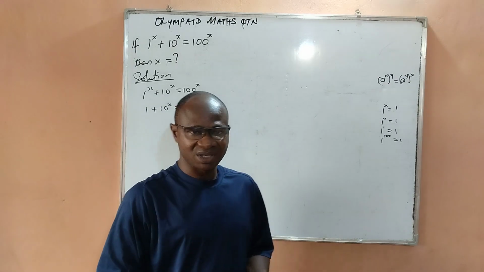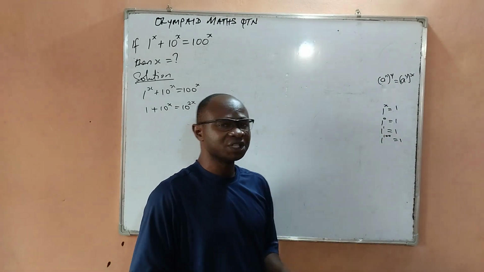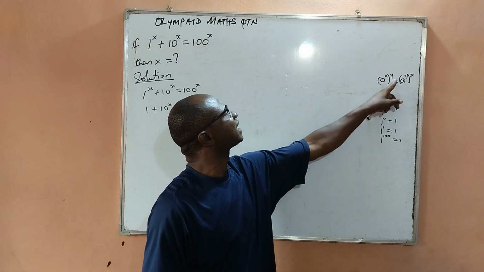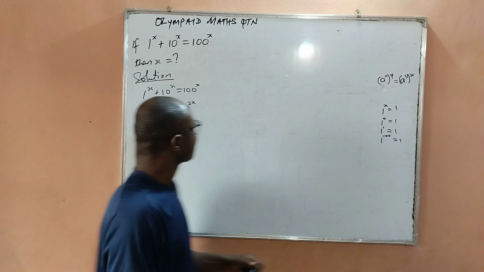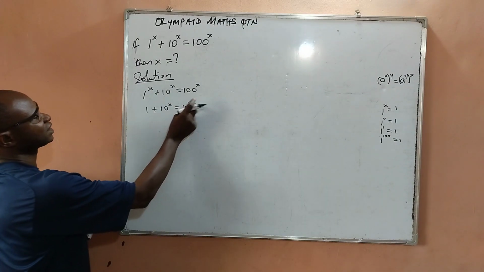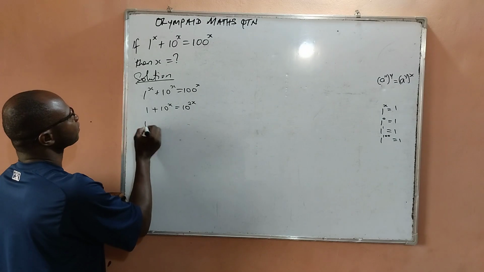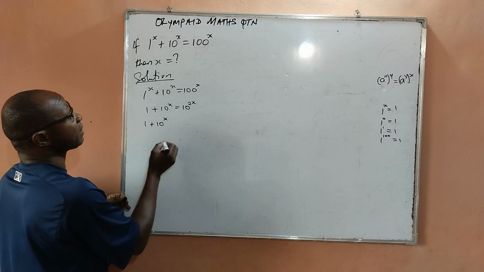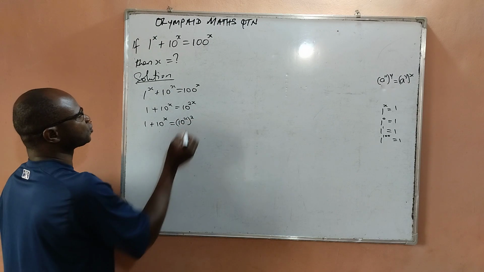What this means is that the exponents can swap, they can interchange positions, meaning that y can come into the bracket and the x move outside the bracket. So because of that, I can now interchange the positions of 2 and the x to get 1 plus 10 raised to power x equal to 10 raised to power x all to the power of 2.